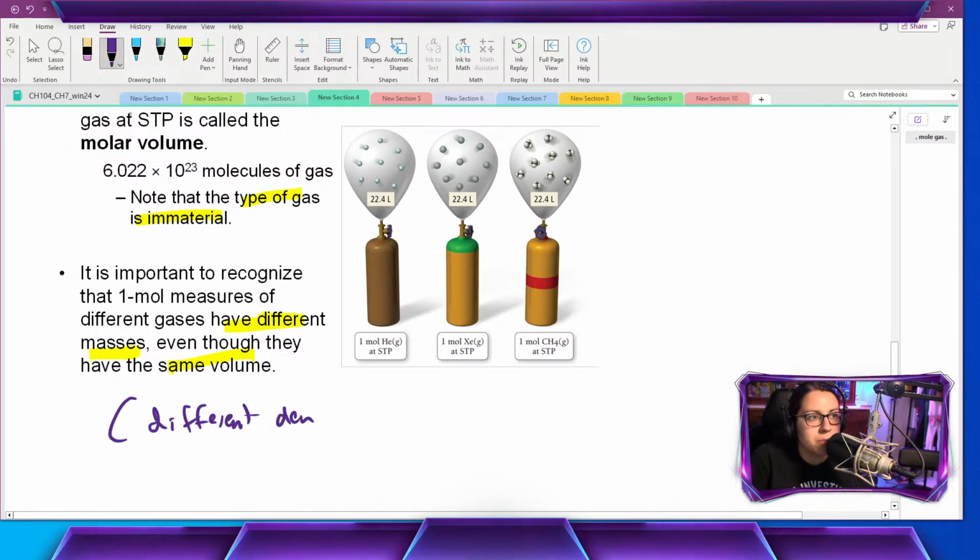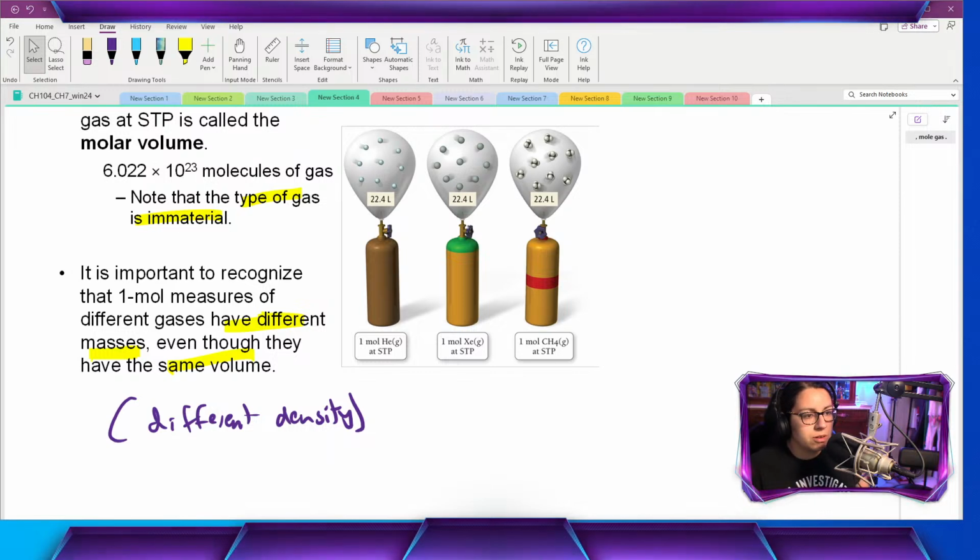That could be a property you might be thinking of. Just think of helium, which would be less dense than xenon. Helium is only 2 grams per mole for the molecular weight, versus xenon, which I don't have my periodic table for.